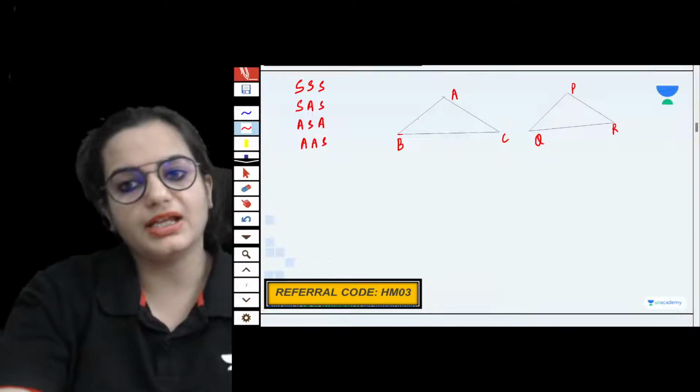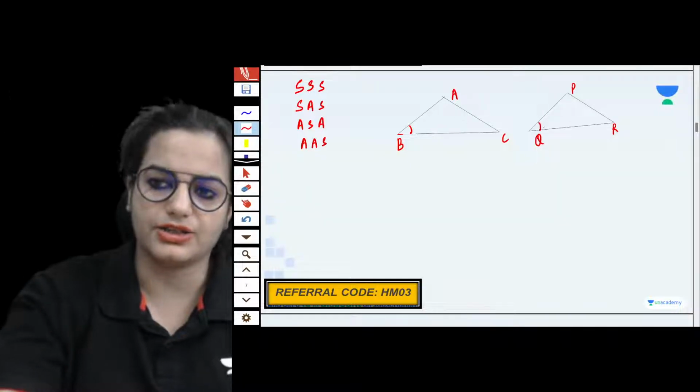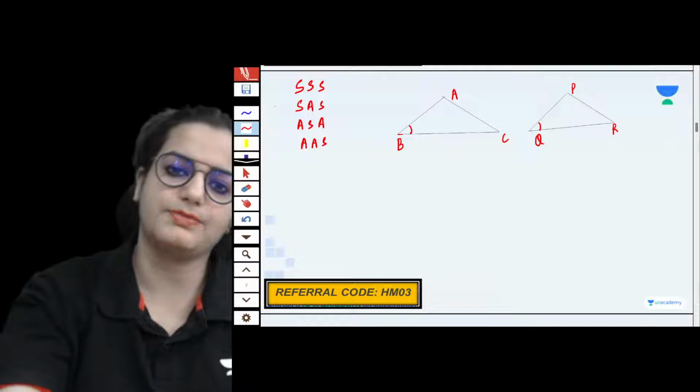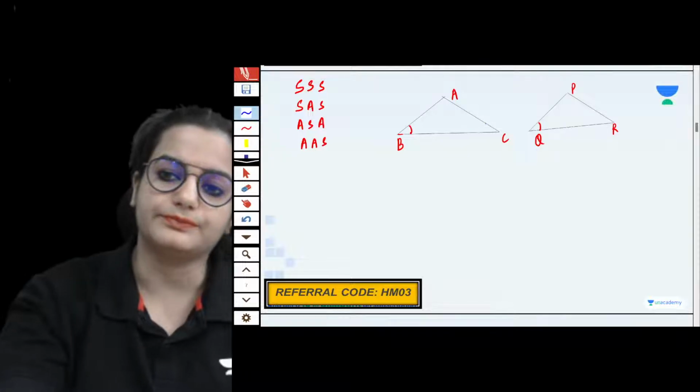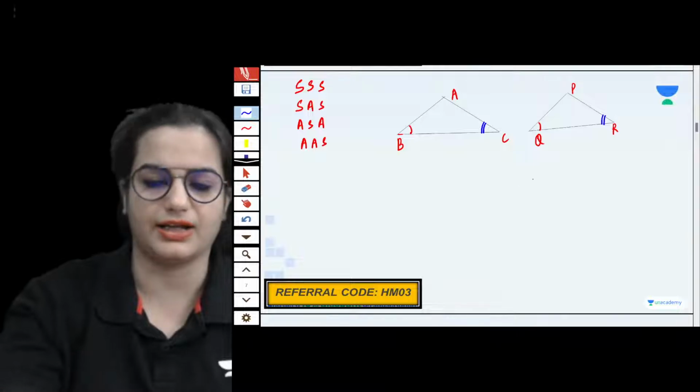If I say angle B is equal to angle Q, and the next part, angle C is equal to angle R, right?